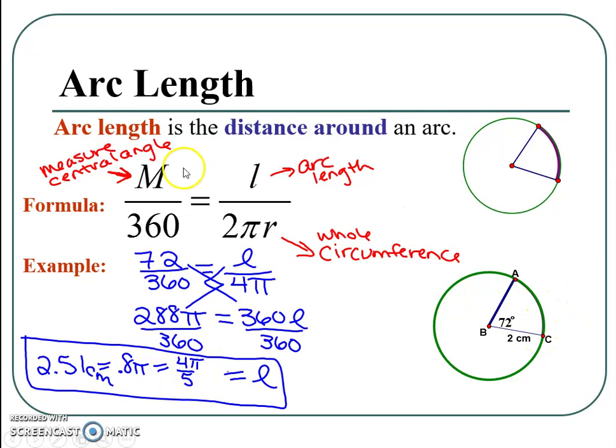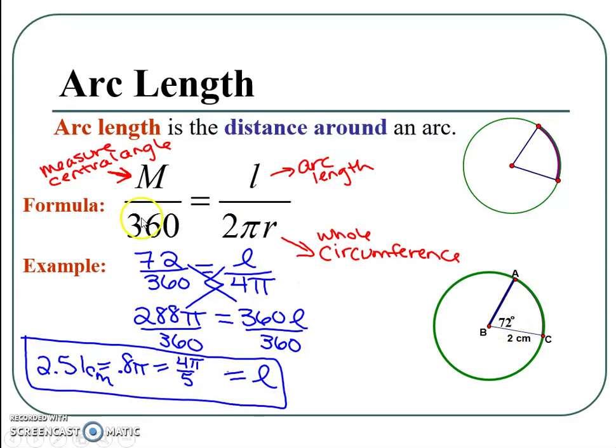So basically, you have to use this ratio. The ratio is angle, the measurable angle, central angle, which is in the middle, out of 360, equals L, which is arc length, over circumference. So L is what you're looking for, this arc length. You're gonna be given the angle.